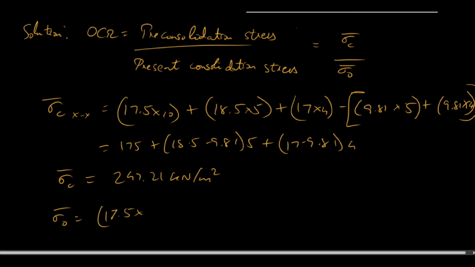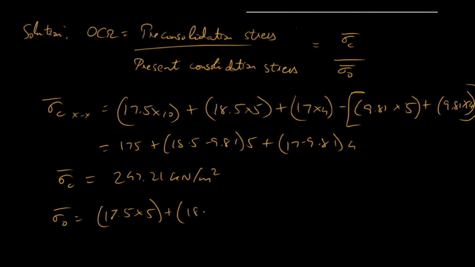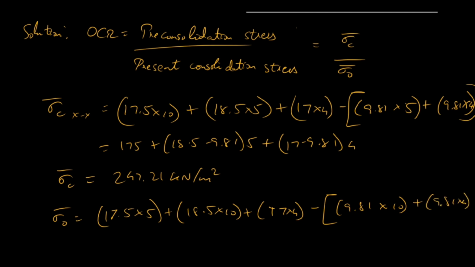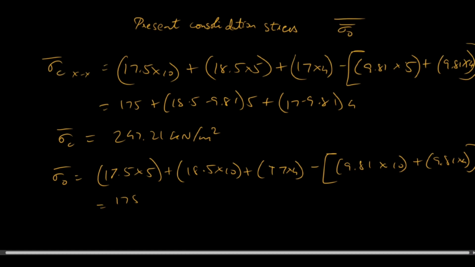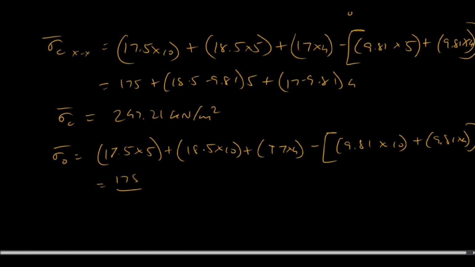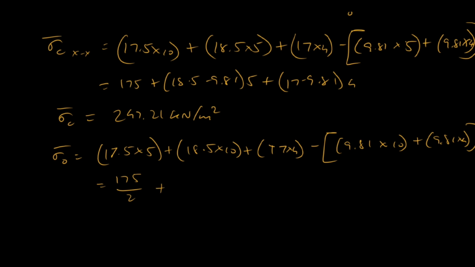So it will be 17.5 into 5 plus 18.5 into 10 plus 17 into 4, minus 9.81 into 10 plus 9.81 into 4, which gives 175 by 2, 175 by 2, plus 18.5 minus 9.81 into 10 plus 17 minus 9.81 into 4.